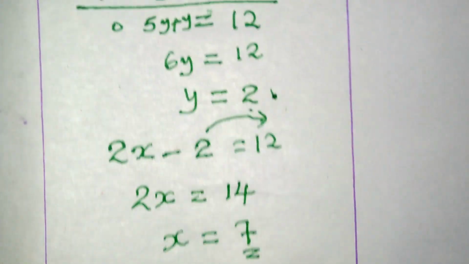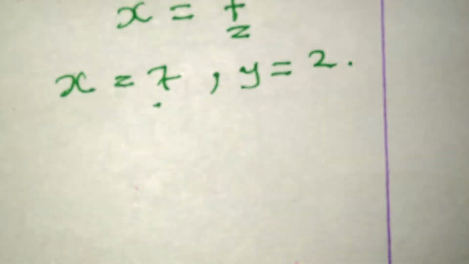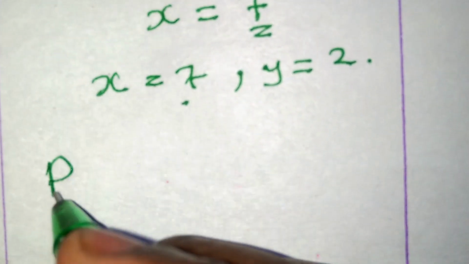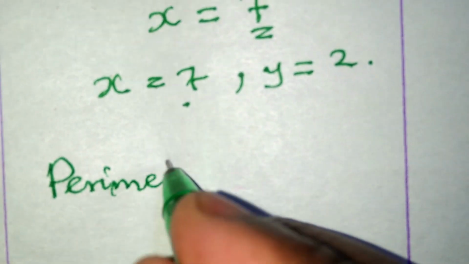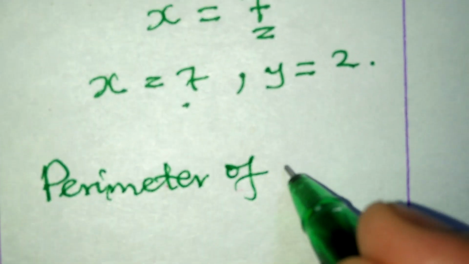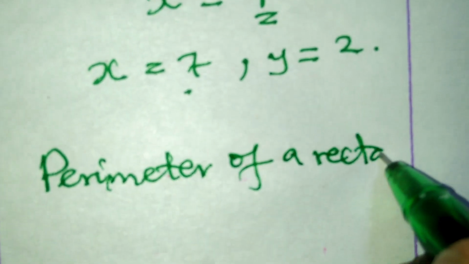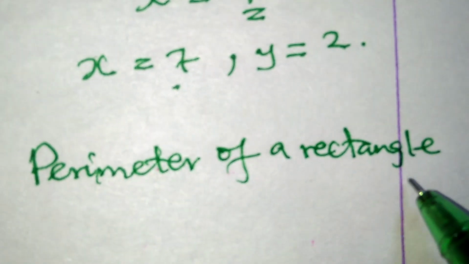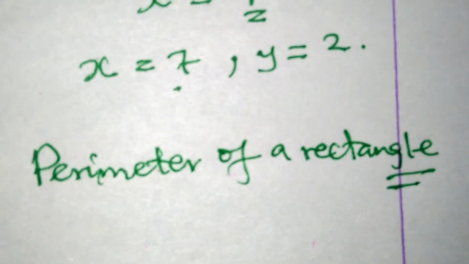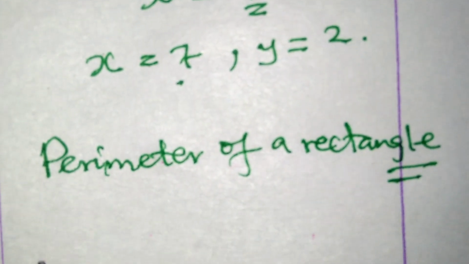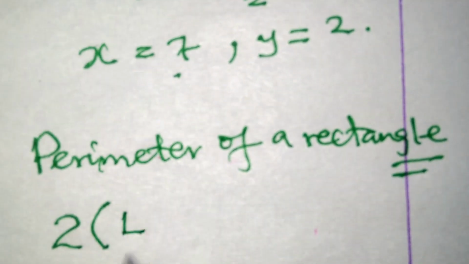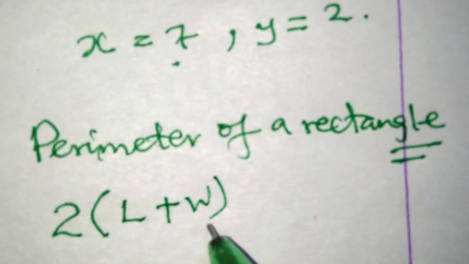So let's go down here and work out the perimeter. We know that the perimeter of a rectangle is given by 2 into length plus width.